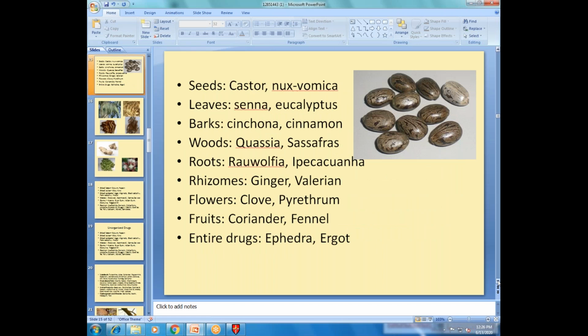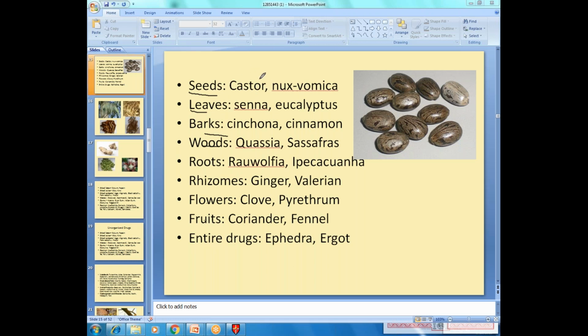So you can see this. Coming to the organized drugs, these come under them: seeds, leaves, barks, woods, roots, rhizomes, flowers, fruits, entire drugs. In the case of castor oil, we use only the seeds.